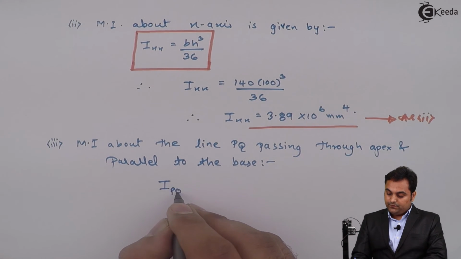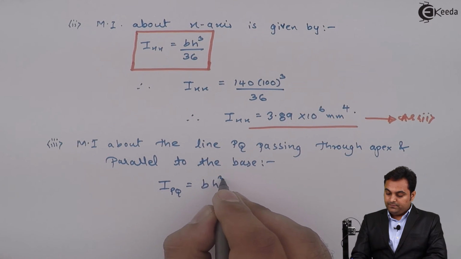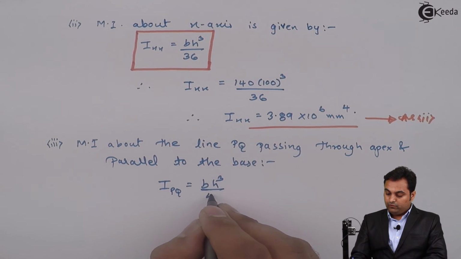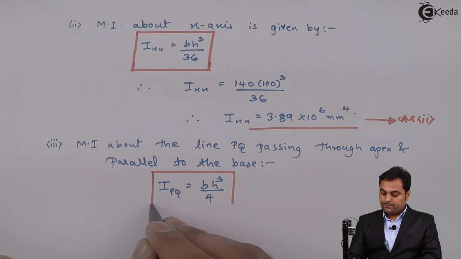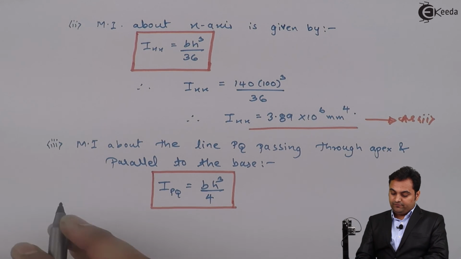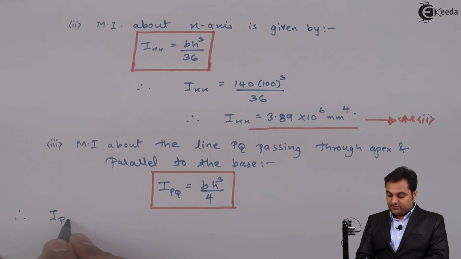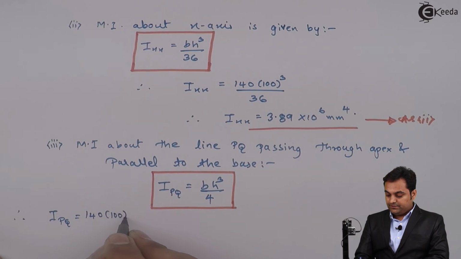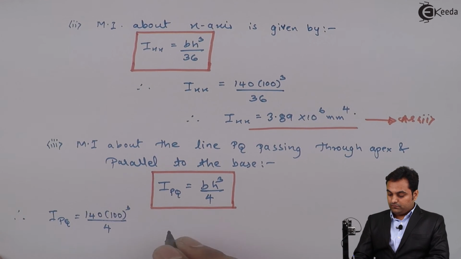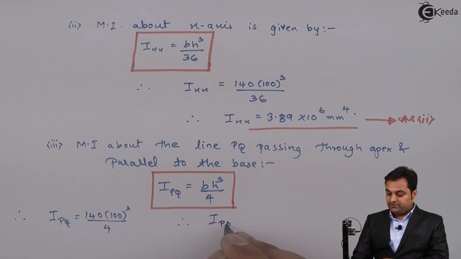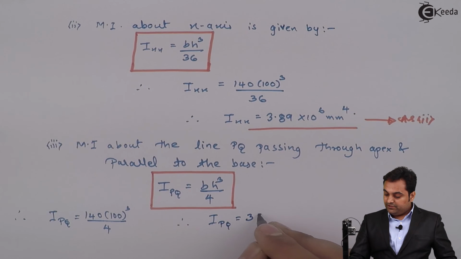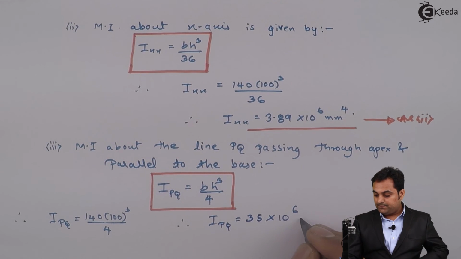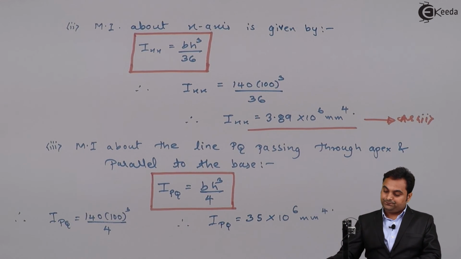I suffix PQ is equal to BH cube by 4. So therefore I suffix PQ is equal to B is 140, H is 100. So finally I suffix PQ comes out to be 35 into 10 raised to 6 mm raised to 4.